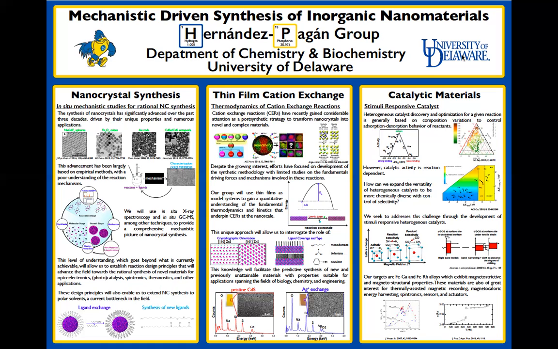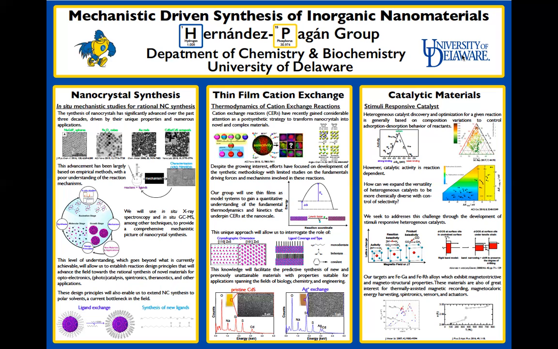Additionally, these design principles will enable us to extend nanocrystal synthesis toward polar systems. The current technique used for nanoparticles in polar systems, such as biological applications, is to make the nanoparticles the typical way you would in a non-polar system, where you end up with these long chain greasy ligands, and then you would do some sort of ligand exchange to swap that out with a polar ligand.